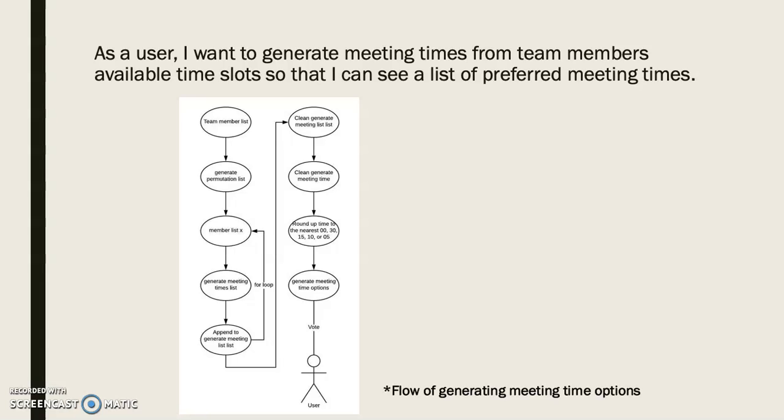If the slot cannot afford the shift, it rounds to just 5, depending on the slot length. It may not round at all. And after the rounding, finally it's stored to the generated meeting time options, and users can vote on those.